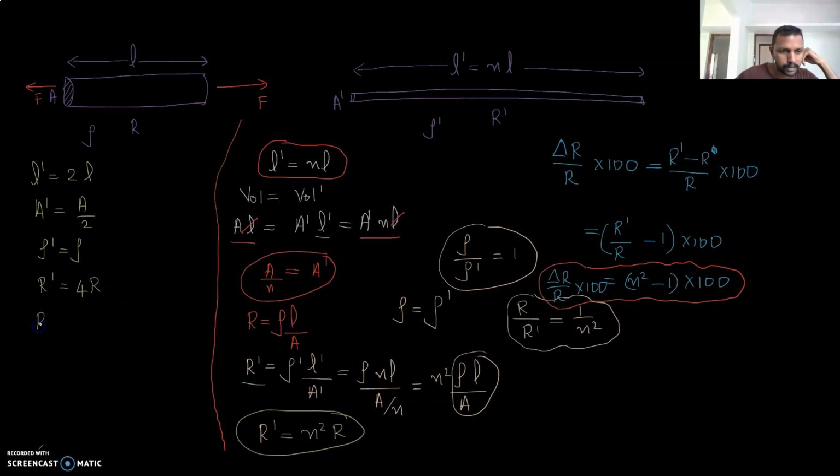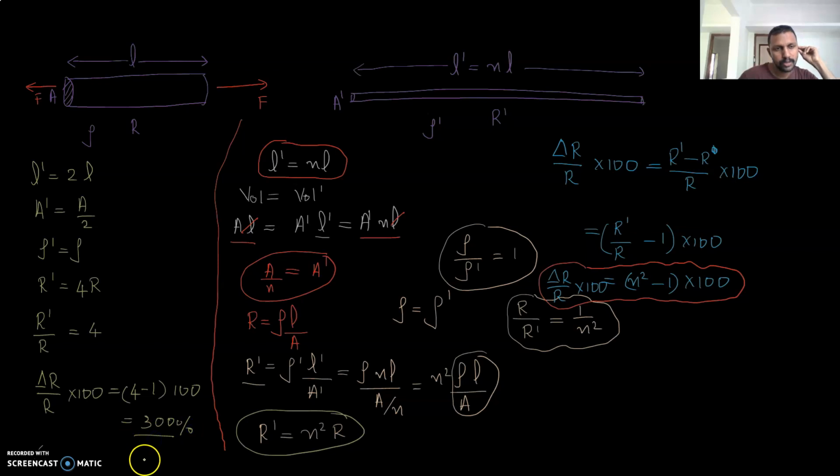Then what is R dash by R? R dash by R, in this case, will be 4. Then delta R by R into 100 will be n square minus 1 into 100, that is 4 minus 1 into 100, that is equal to 300 percent.